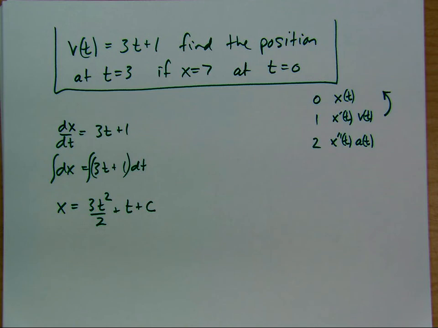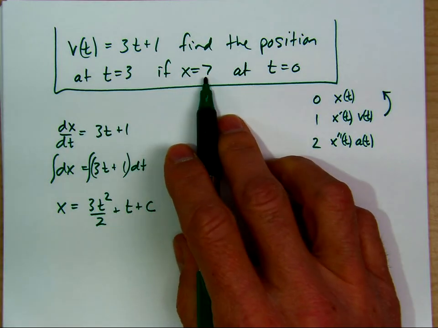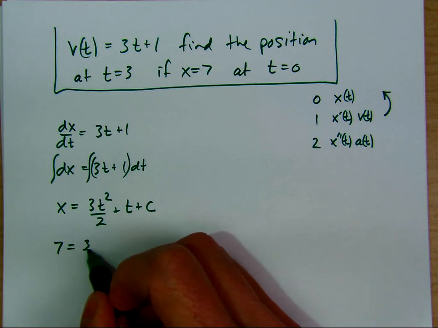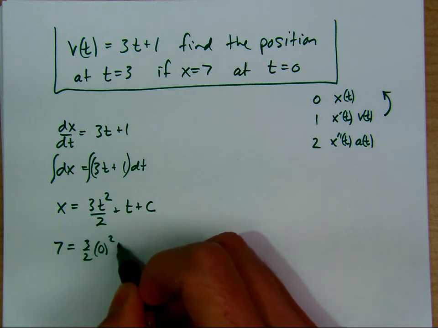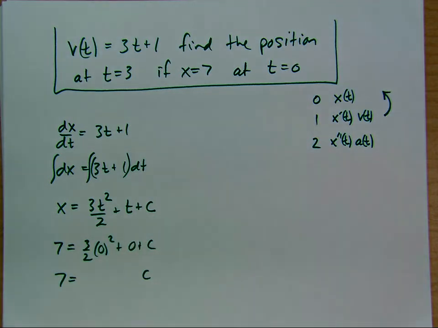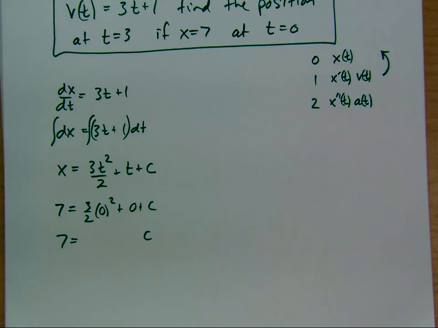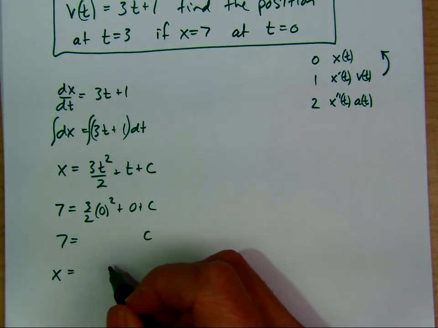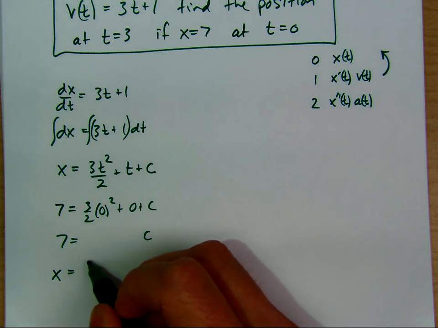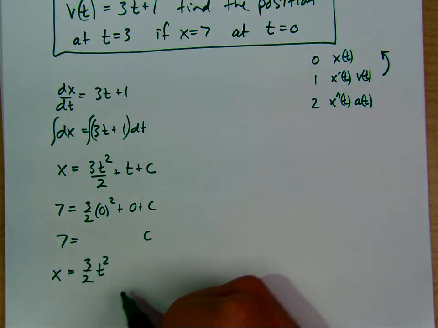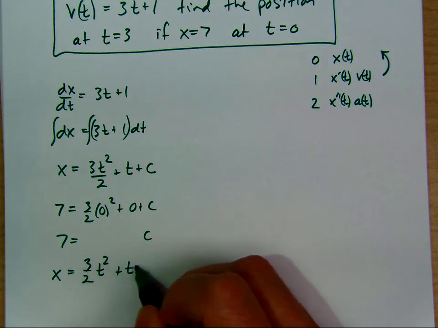And we have x equals 7 when t equals 0. So we have c equals 7. And the position function is x equals 3/2 t squared plus t plus 7.